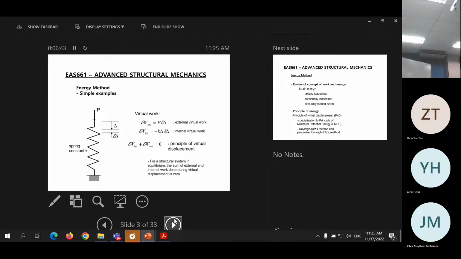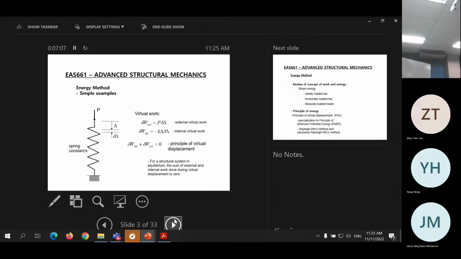What is the use of this principle? We apply the principle of virtual displacement to derive equilibrium equations. This is another way to get equilibrium equations. The normal way that we are familiar with is internal force equal to external force; that is equilibrium.